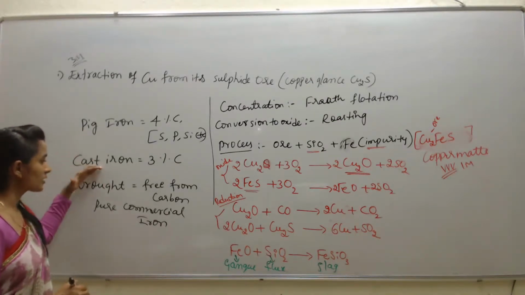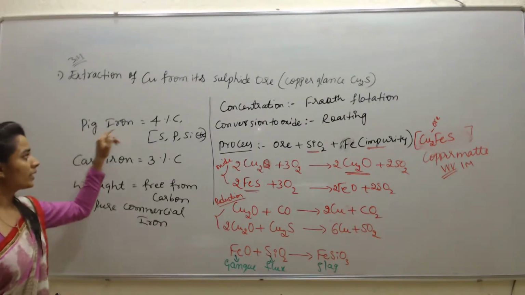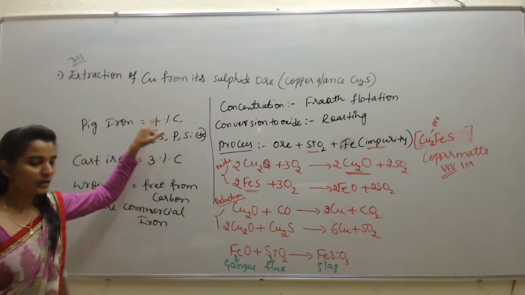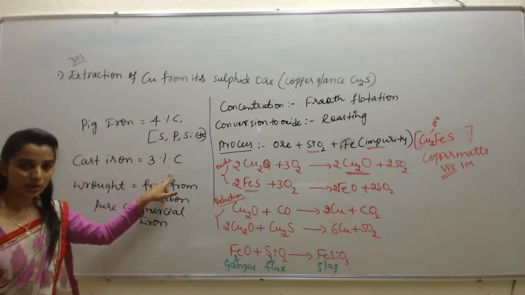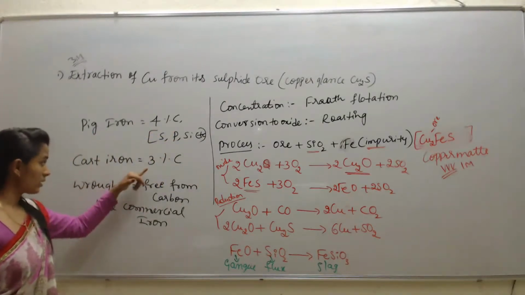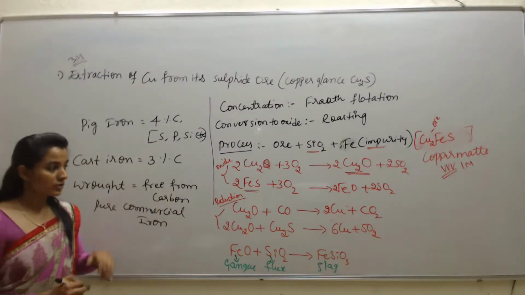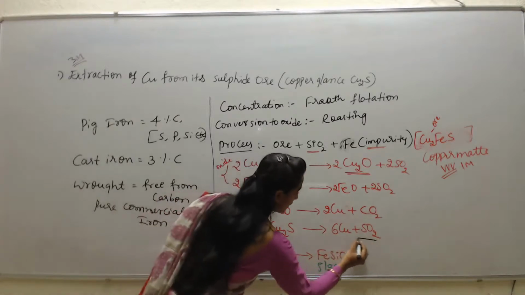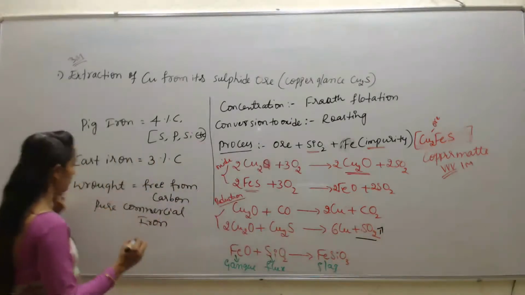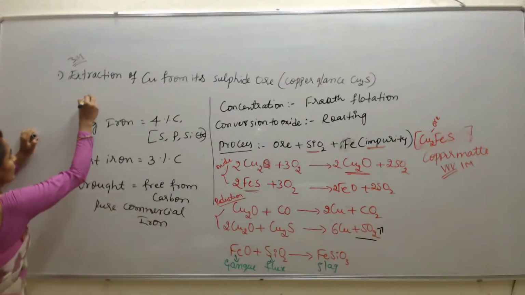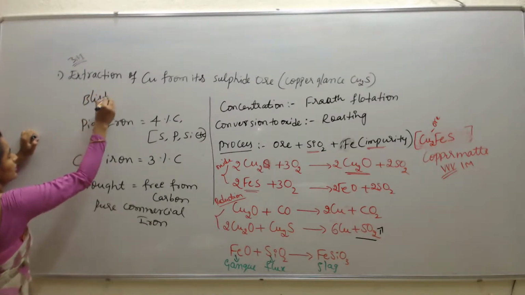Pig iron, cast iron, wrought iron. Pig iron means 4% carbon it consists of. Cast iron means 3% carbon. Wrought iron means free from the carbon. So here, listen. Due to the production of SO2 gas, the copper forms blisters.